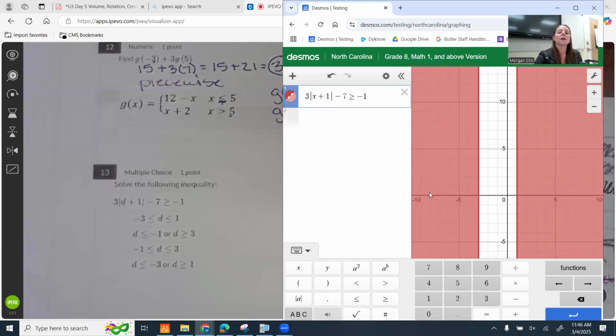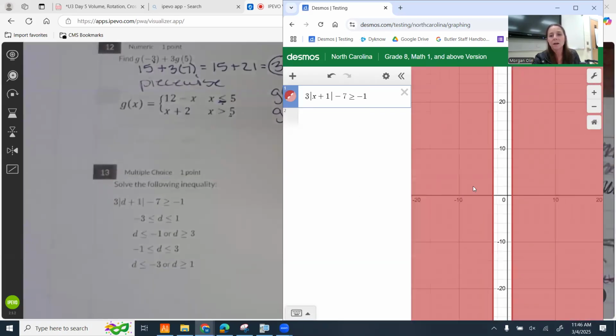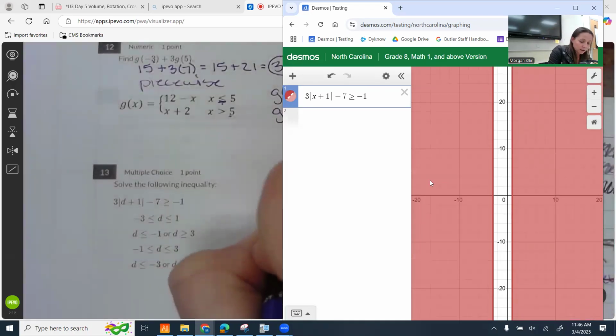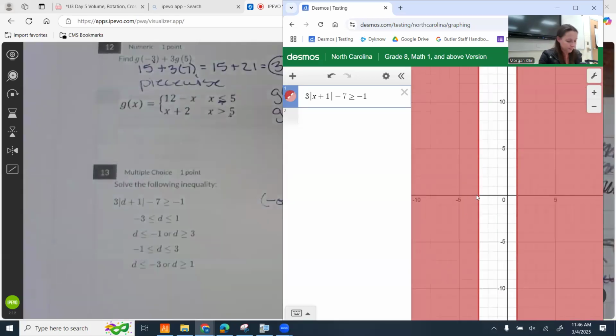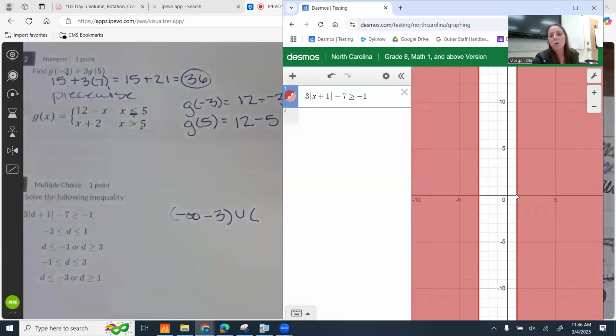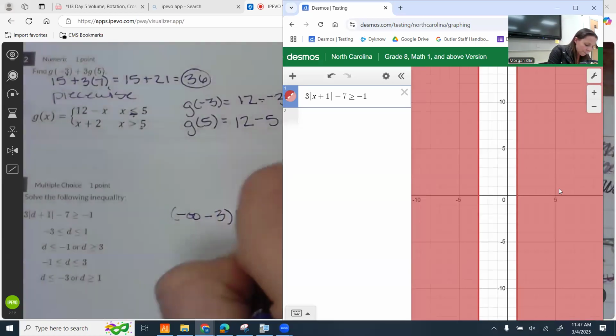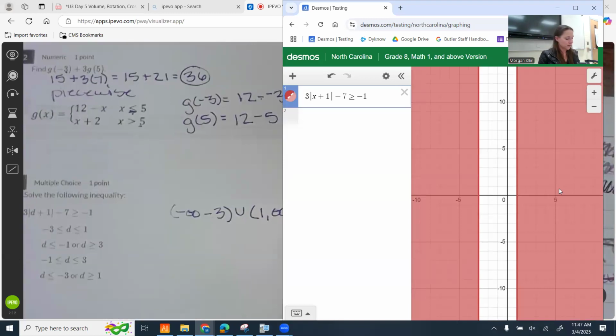Now, you want to focus on the colored region right here. Do you see that this colored region is colored all the way from, and think of this as, even if I zoom out, this is negative infinity on this side. So it's negative infinity to this value, and if I zoom back in, that's negative 3. And then it picks back up at 1 to infinity. Now I'm writing it in interval notation, but notice this is not interval notation.